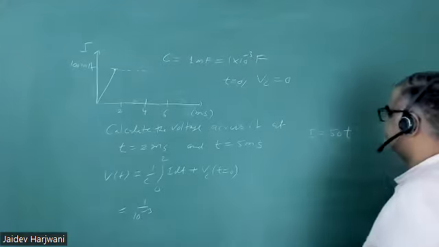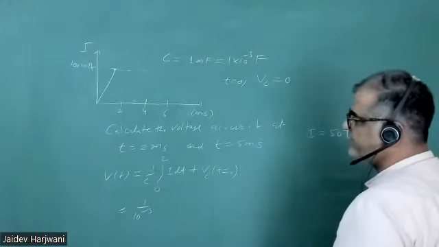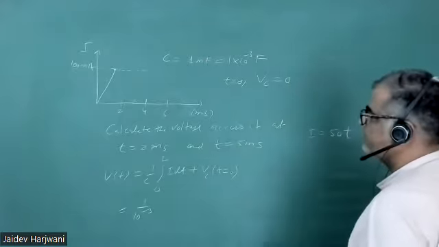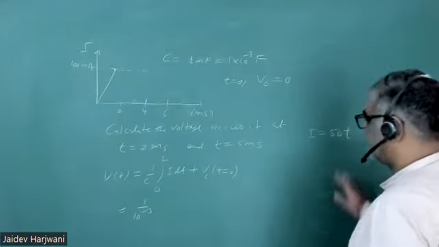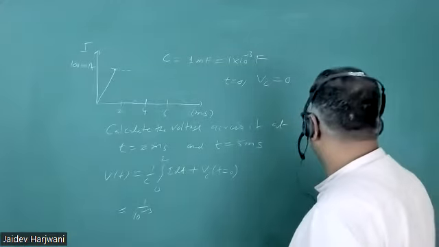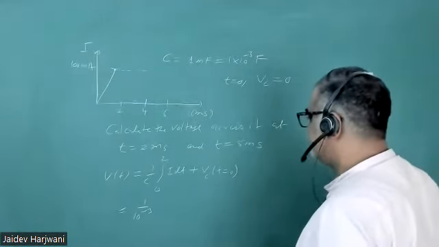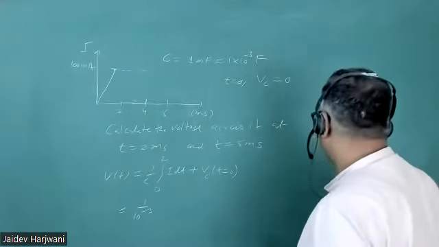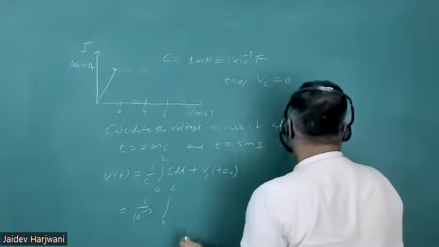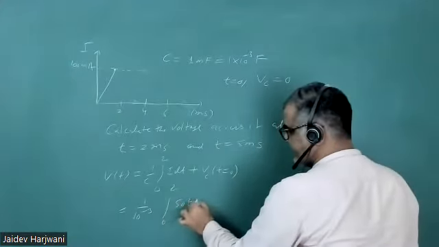I is 50t, yes or no? For this interval, what is the slope? y equals mx. 100 minus 0.2, so I equals 50t, and t is in millisecond. So I can write the integral from 0 to 2 of 50t dt.